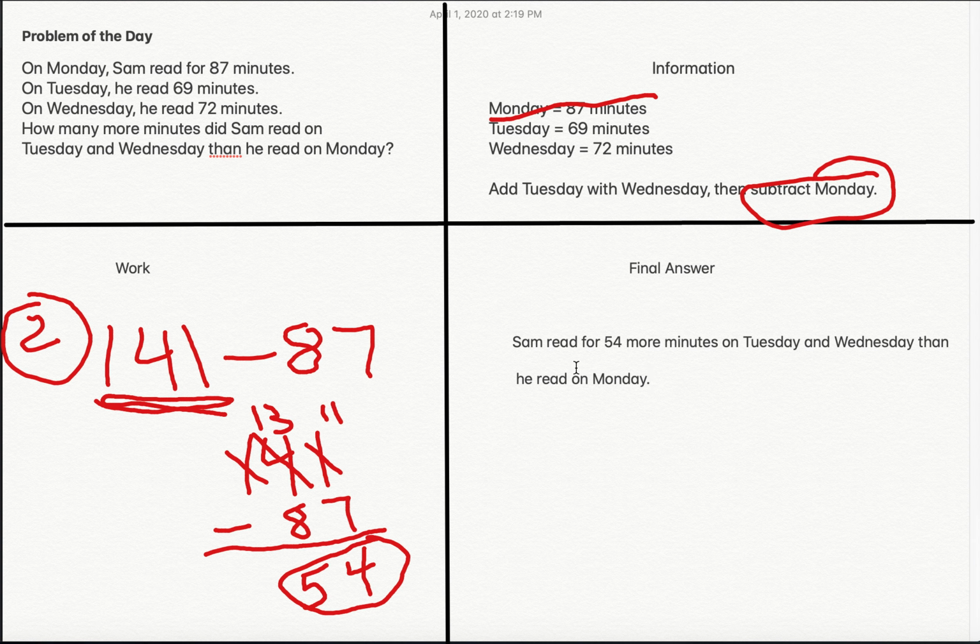Bam! There we go. Now I'm going to make sure that you have both steps. You had that first step where we added Tuesday and Wednesday, and the second step. All right, my final answer is 54.